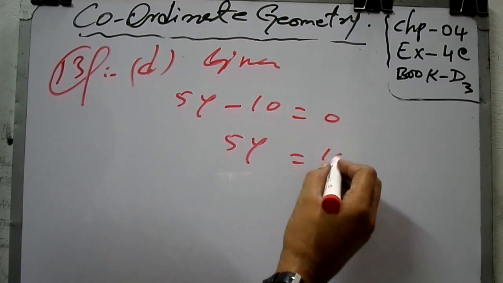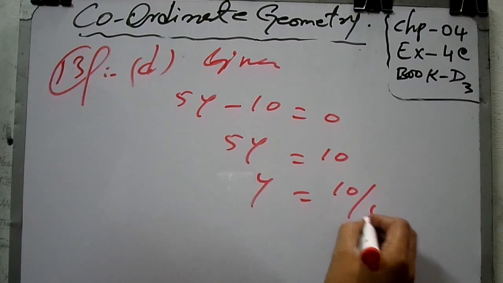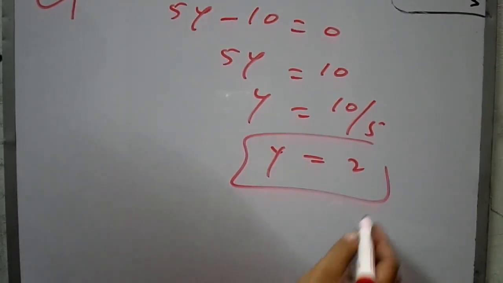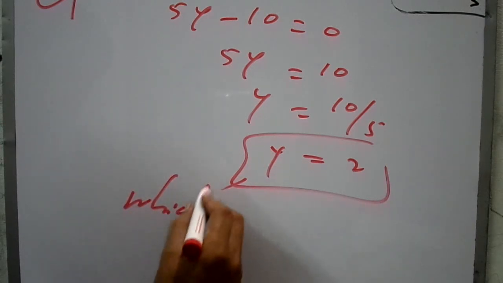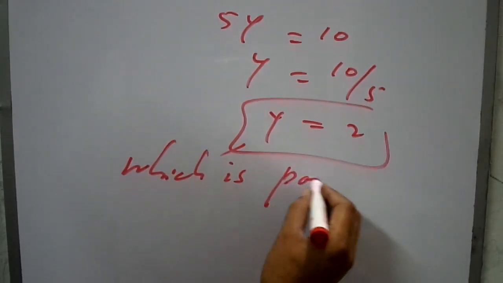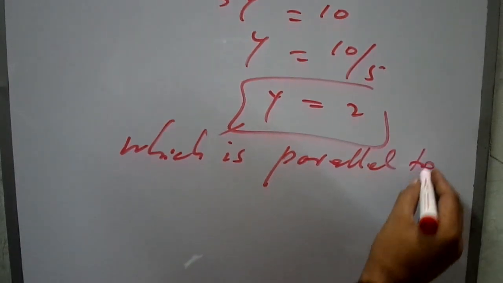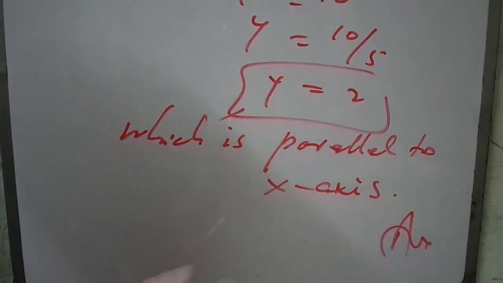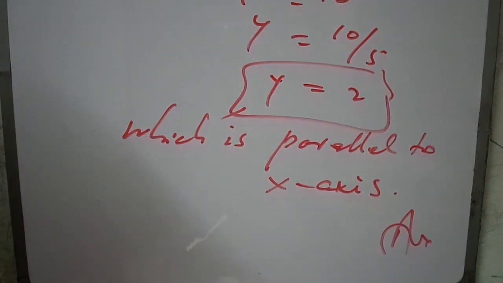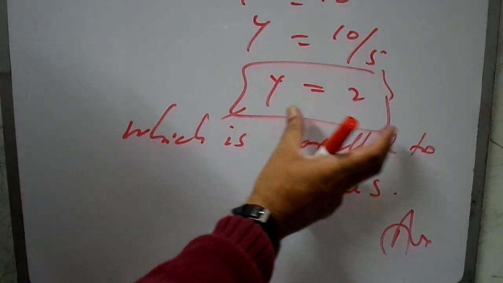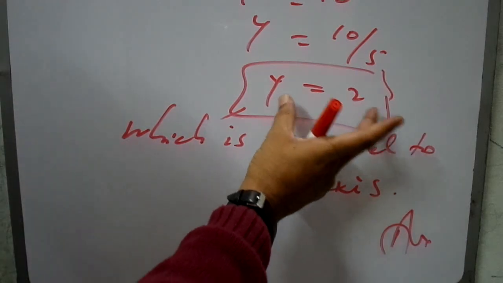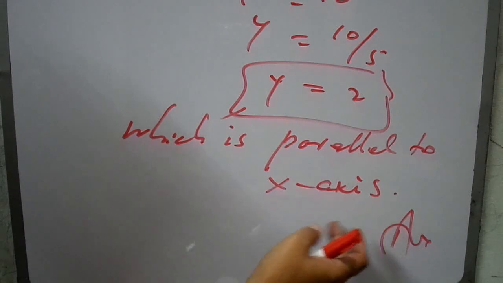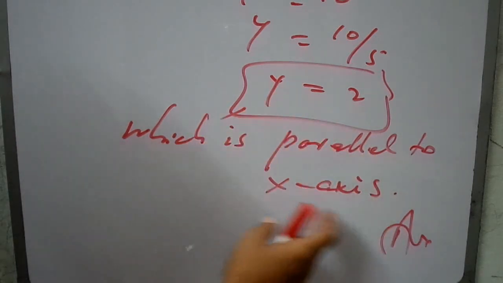So 5y is equal to 10, so the value is 10 by 5, which is parallel to the x-axis. So this is your required result, because it lies on the y-axis, therefore on the y-axis x is always 0, so it is parallel to the x-axis.